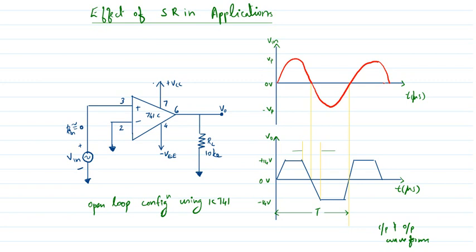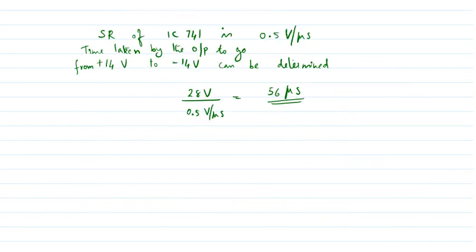The time taken by the output to move from plus 14 volt to minus 14 volt, which we found from here, is 56 microseconds.